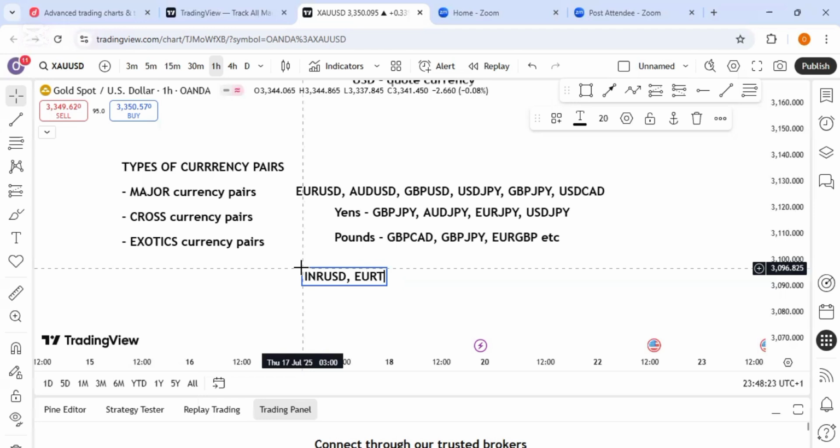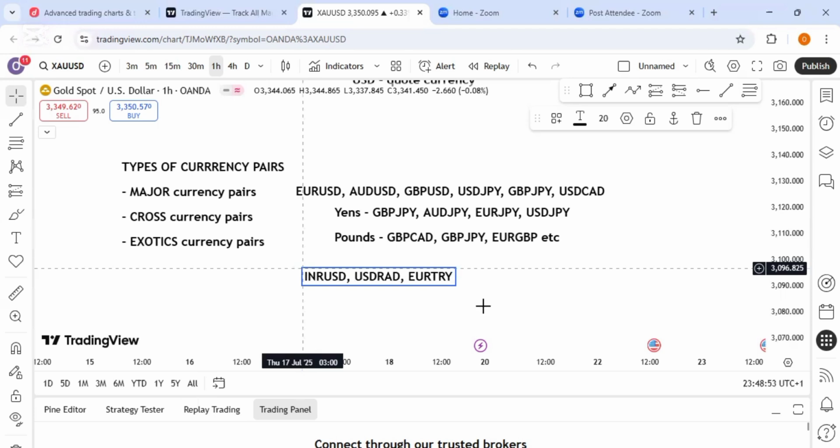It's just for you to know what we call exotic currency pairs. So we have USD against South African rand. So if you have all these underdeveloped countries that cross paths with a major currency, we term them exotic currency pairs.